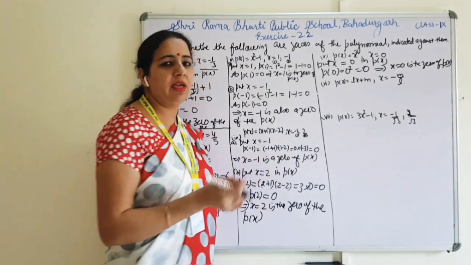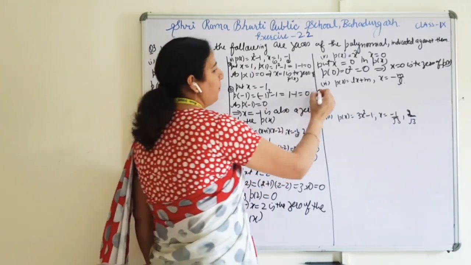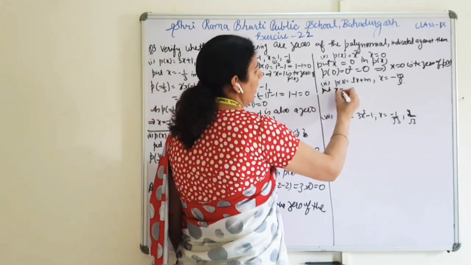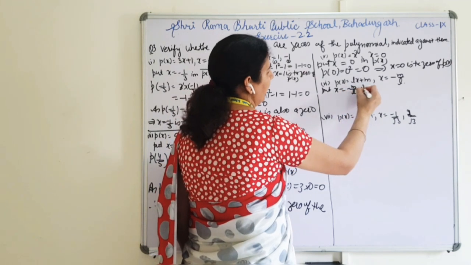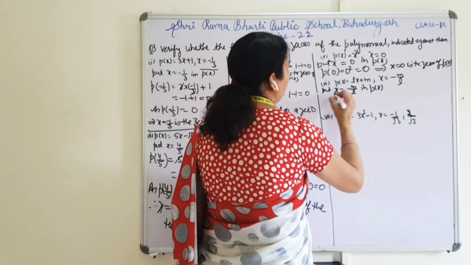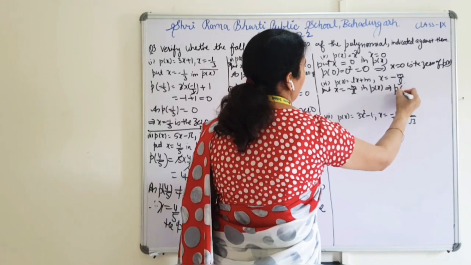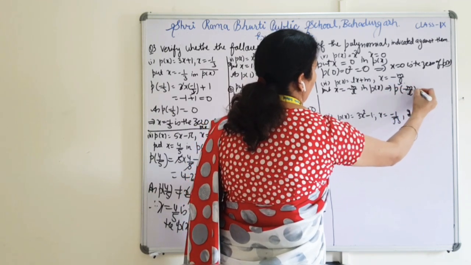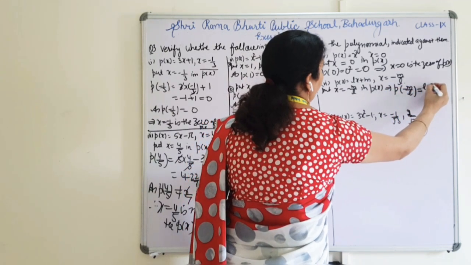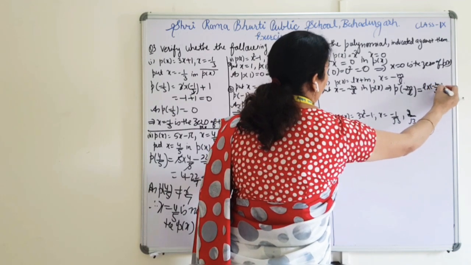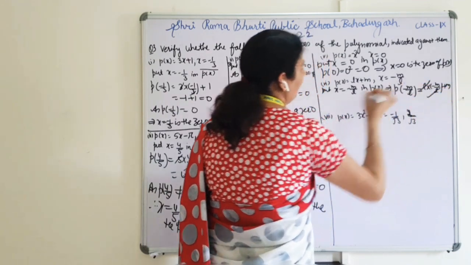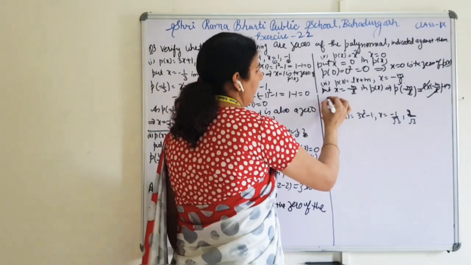The answer can be yes or can be no. So put x is equal to minus m upon l in p(x). Then it will be p(-m/l) is equal to l into (-m/l) plus m. L and l cancel. What is left?